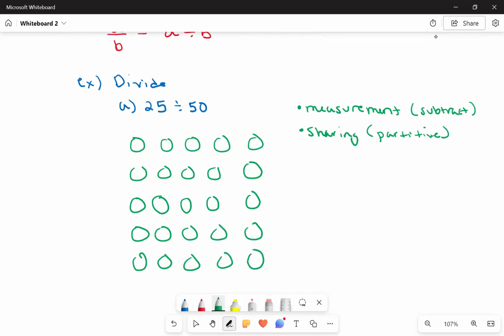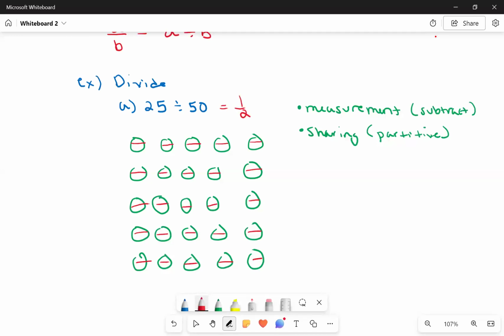If I want 50, all I need to do is halve them. And now I have 50 pieces. So the answer then is half. That's going to give me 50 things to share.